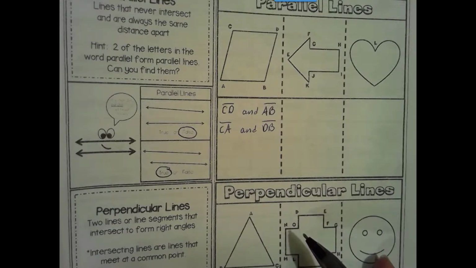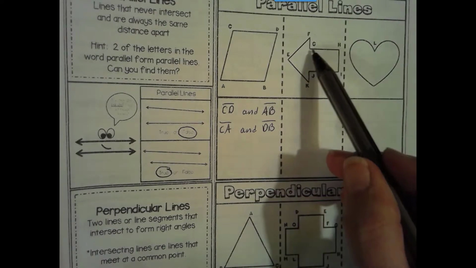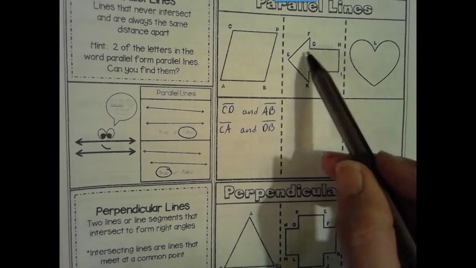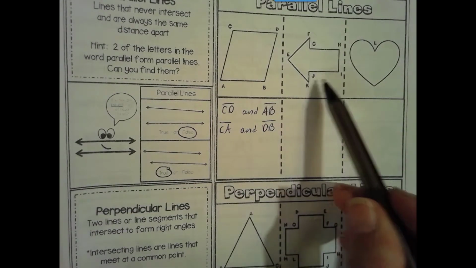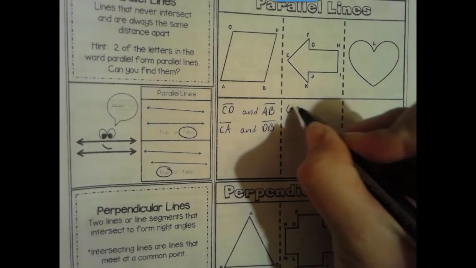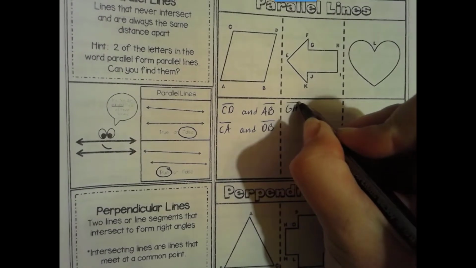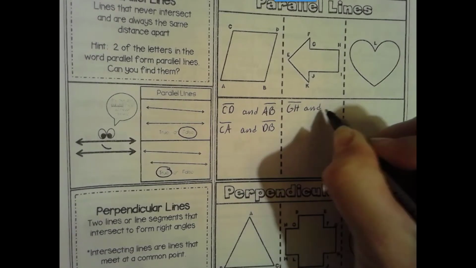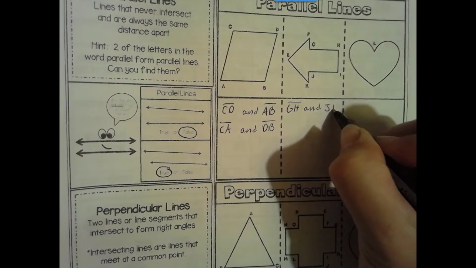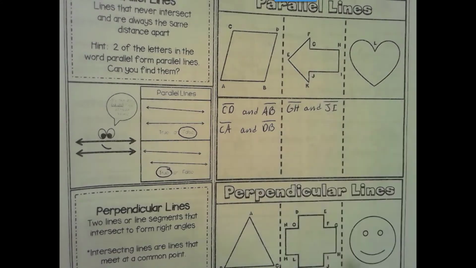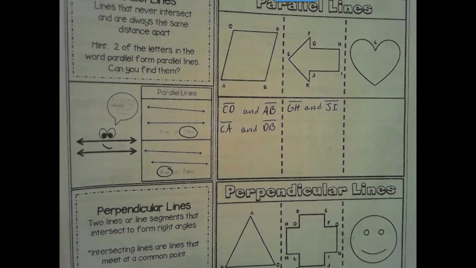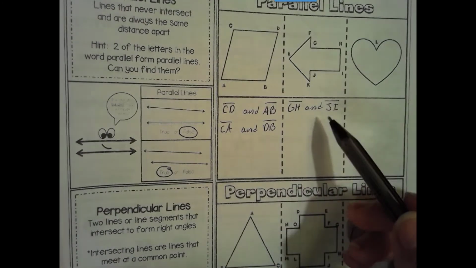All right, let's see here. We have GH is parallel to JI. So GH and JI. Remember capital letters, and we put that line segment on top to indicate that they're line segments.